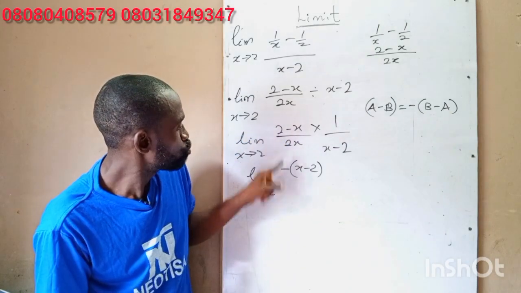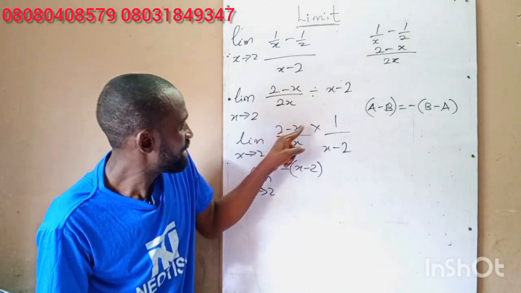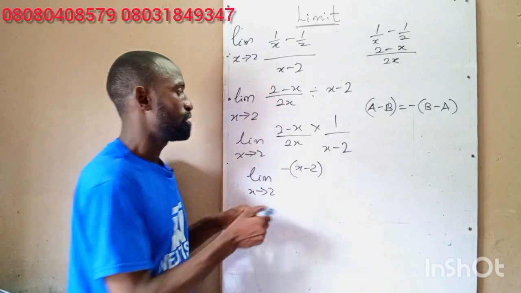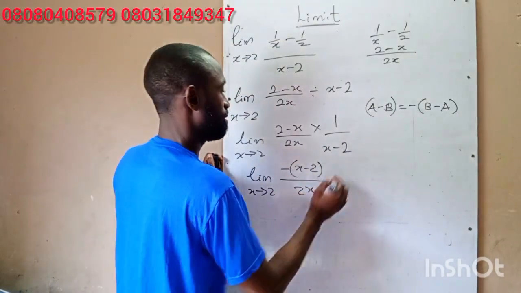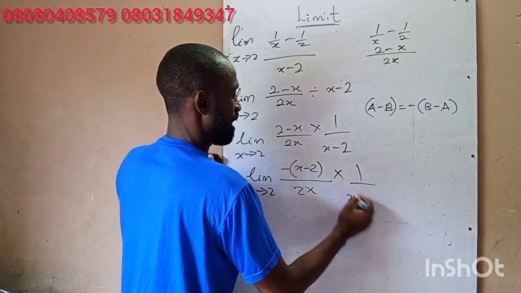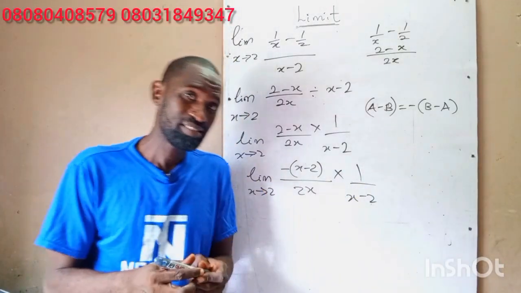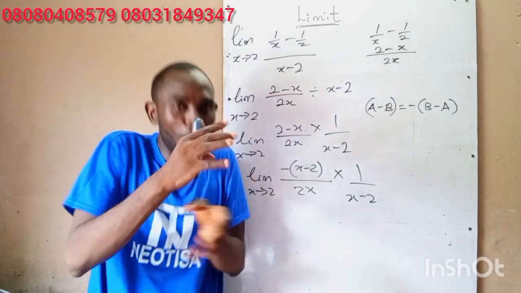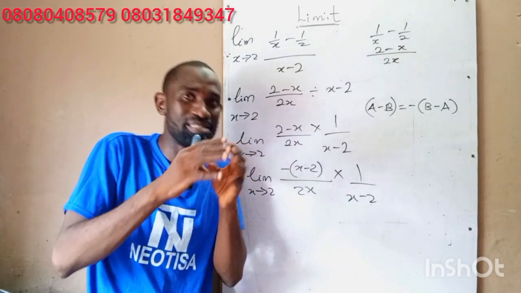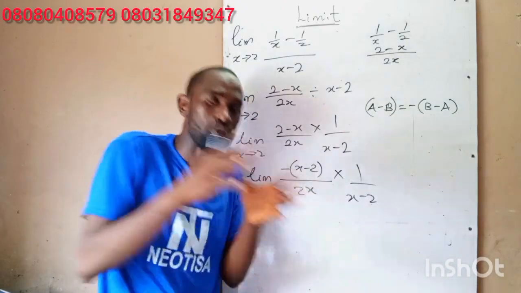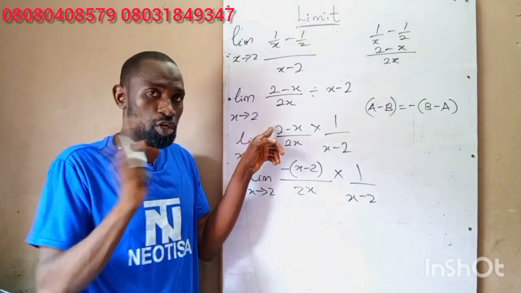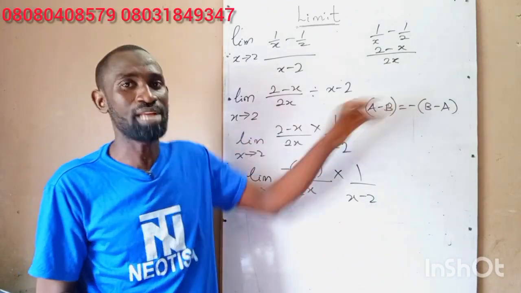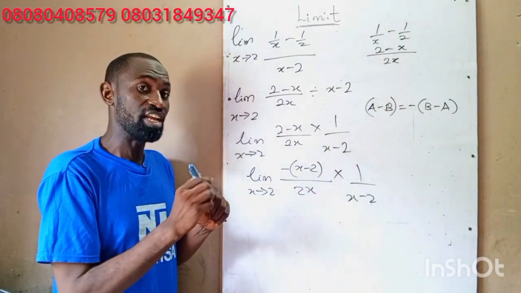So I'm having 2 minus s, the same as saying minus open bracket s minus 2, then all over 2x times 1 over s minus 2. Look, in mathematics you can maneuver your ways. You manipulate some areas in mathematics to suit what you want to solve. This one does not suit what I want to solve, but what do I do? I have to manipulate using these standard concepts.